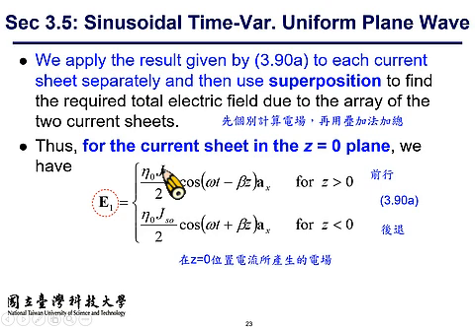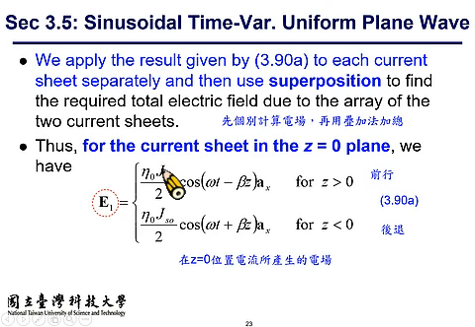Now we can elaborate a little bit about the electromagnetic wave generated by the two current sheets. All right, so the electromagnetic wave produced by J_S1 goes to both sides.